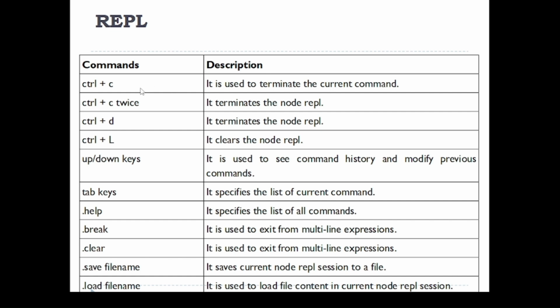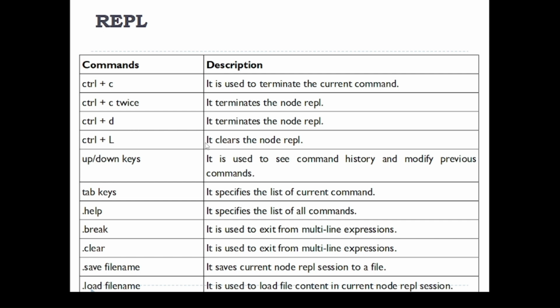The first one is, if you want to terminate your current command, you can press Ctrl+C. Second, if you want to exit the node REPL, you can press Ctrl+C twice. You also have another command to terminate the node REPL, that is Ctrl+D.